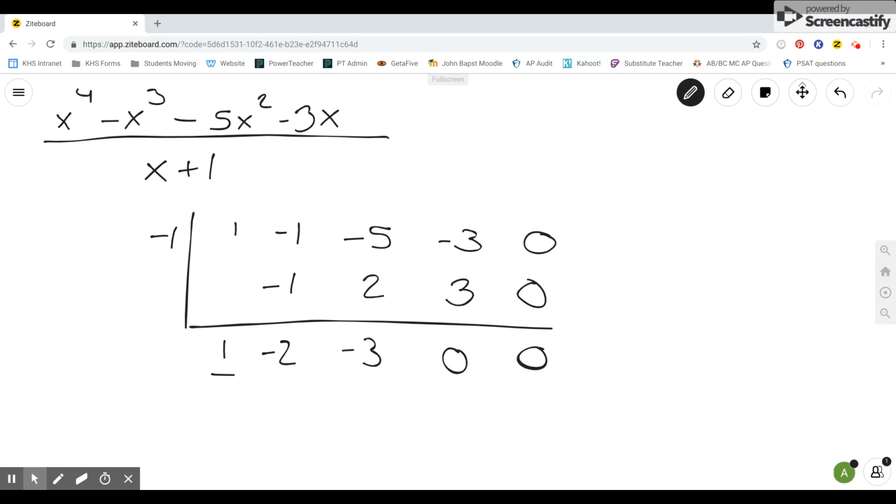So it actually didn't affect us a whole lot, but it gives us a good idea of all of our terms. If this 0 had appeared somewhere earlier with a higher degree, then it definitely would have played a much larger effect in our final answer. But what we have for an answer here is, first coefficient is 1.